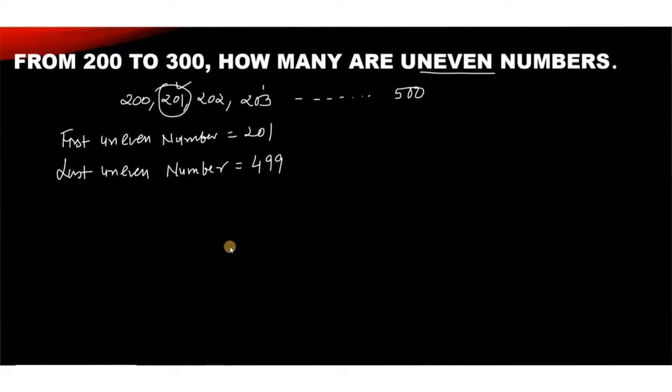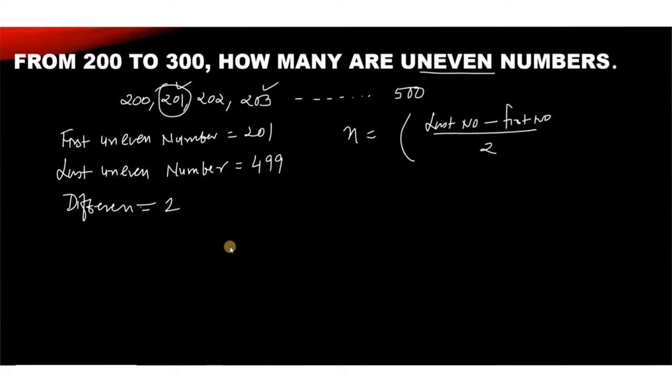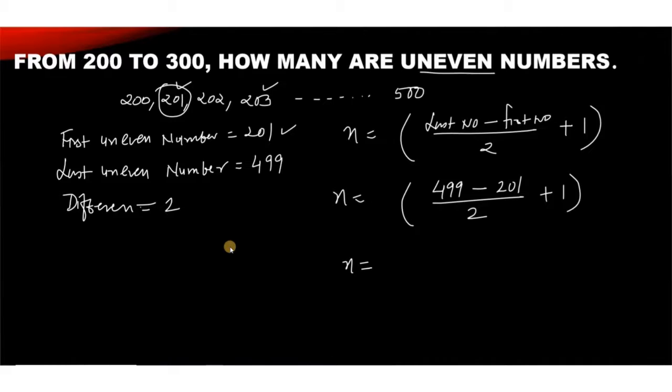And what is the difference? See, this is 1 and this is 3. So 3 minus 1, it is 2. So difference is equal to 2. Now n is equal to last number minus first number divided by 2, right, plus 1. So n is equal to 499 minus 201 divided by 2 plus 1. So n is equal to 298 divided by 2 plus 1.